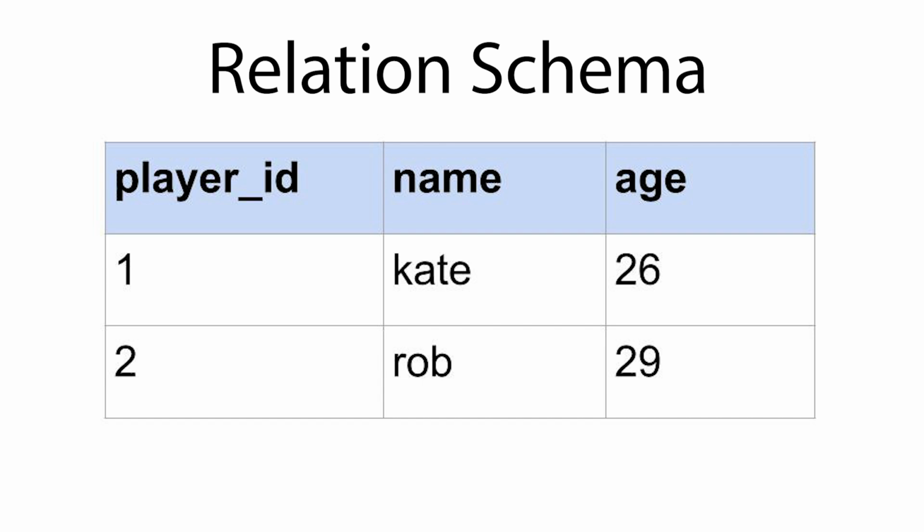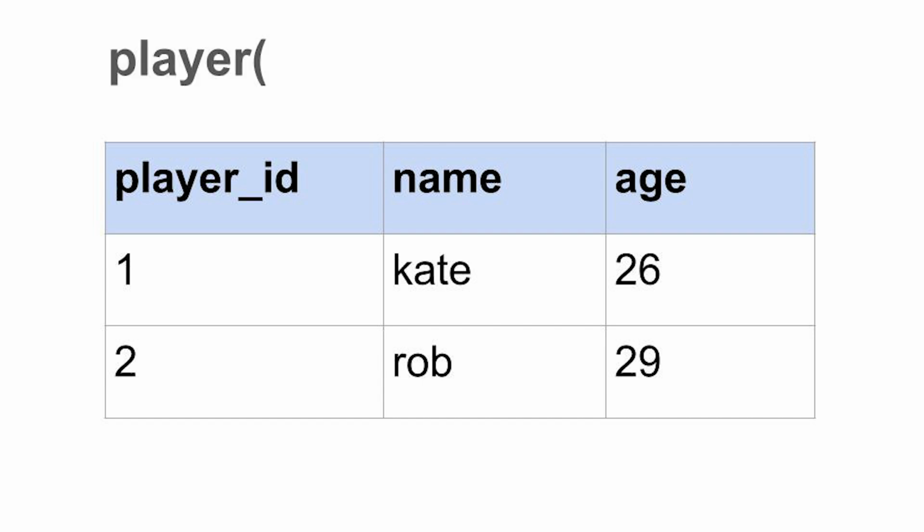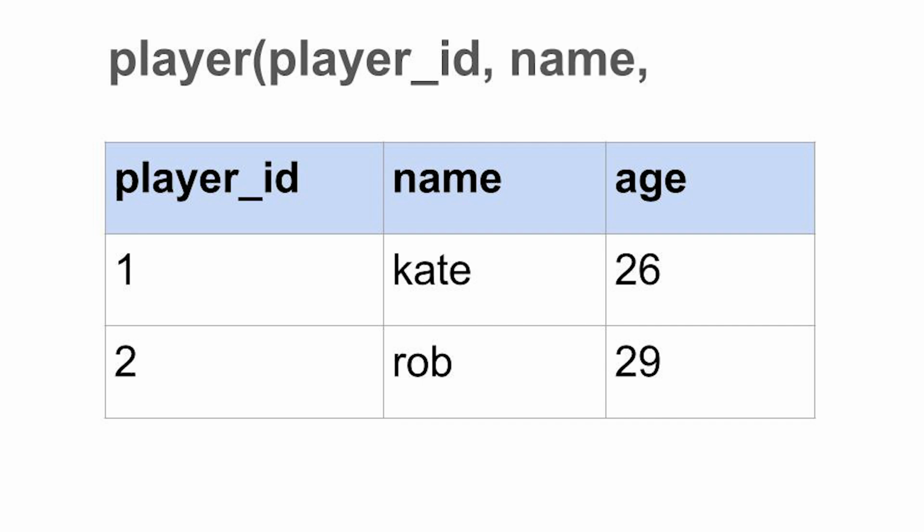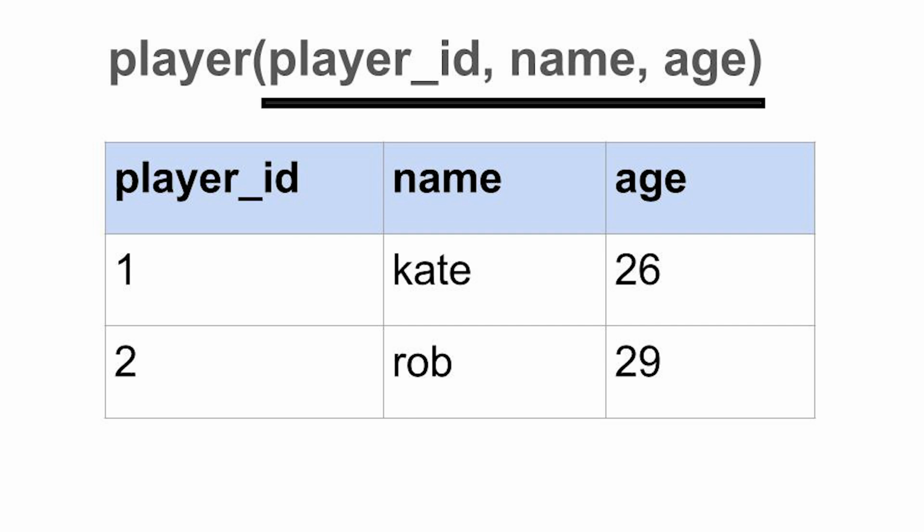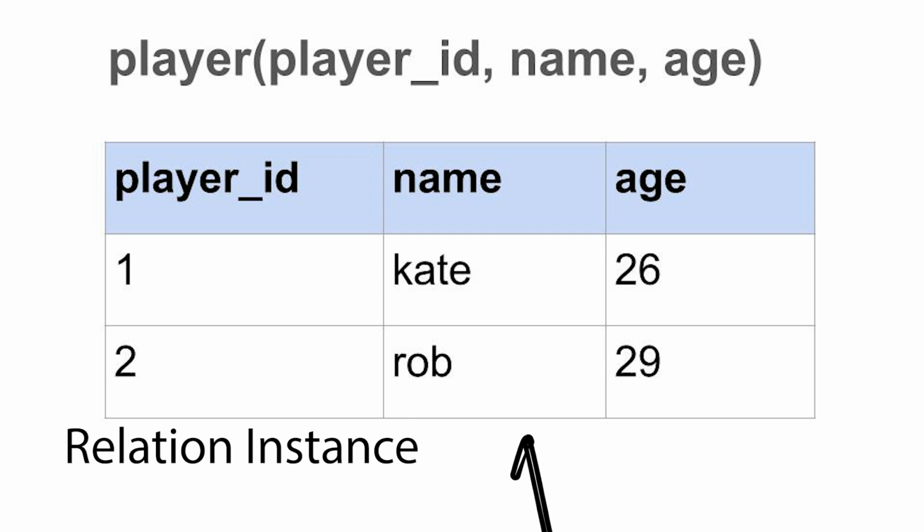We write this template as player, open parenthesis, attribute 1, comma, attribute 2, comma, and so on, close parenthesis. We now have the table name, followed by a list of its attributes, which is the relation schema of the player table. The actual implementation of this blueprint is called the relation instance.